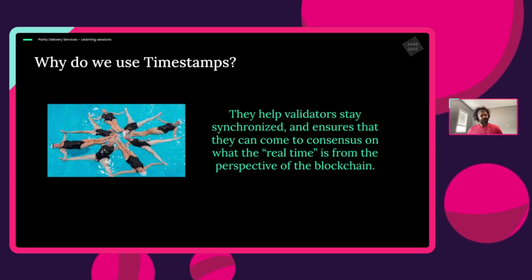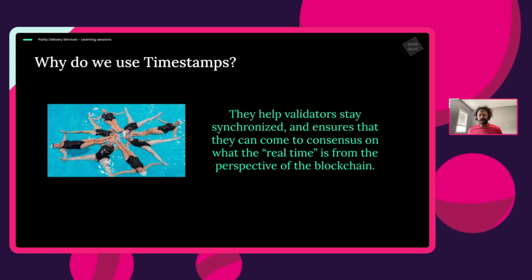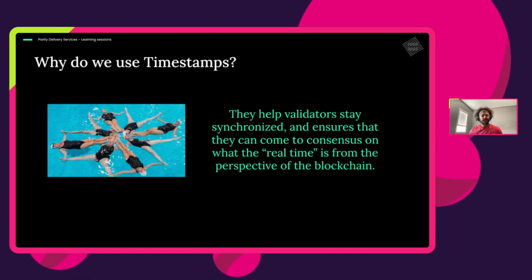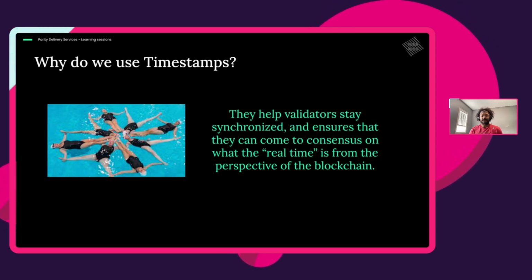What else do timestamps do? They help validators stay synchronized, like these lovely synchronized swimmers here, and ensure that they can come to consensus on what the quote-unquote real time is from the perspective of the blockchain. We might know that because we're in a decentralized space where we have nodes, computers all around the world sending information to each other, that information doesn't travel at the speed of light.